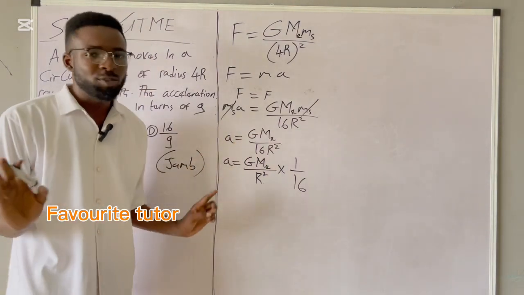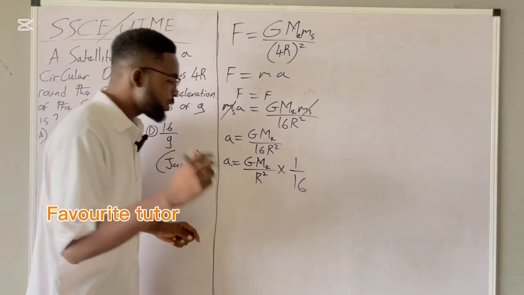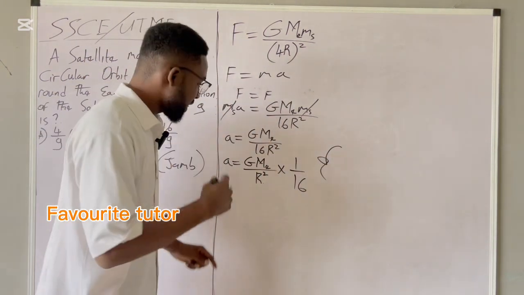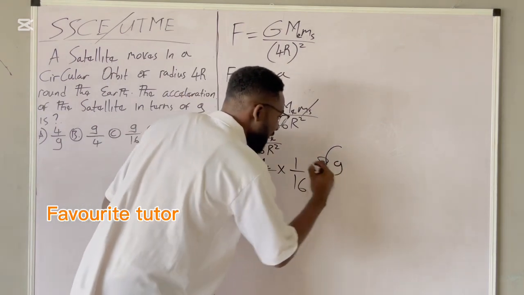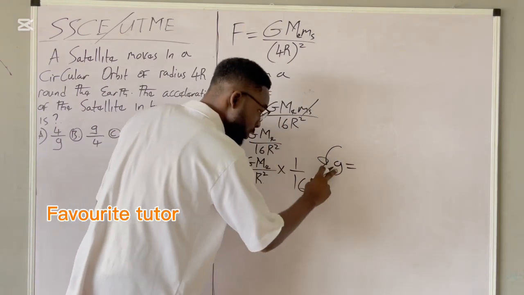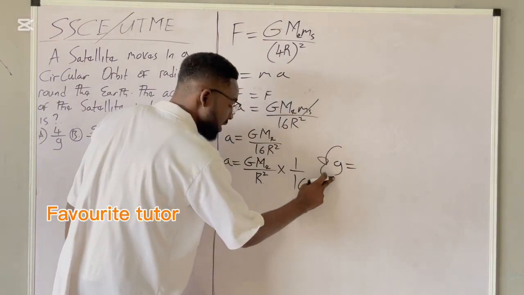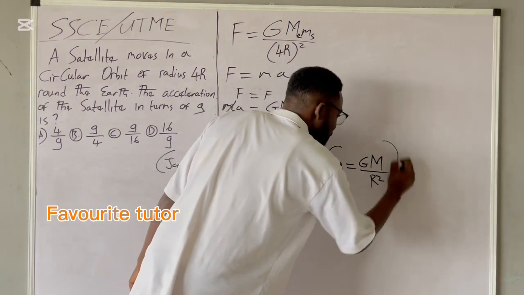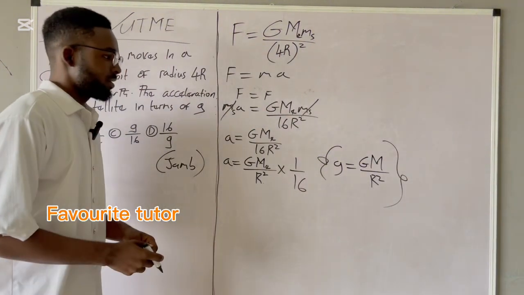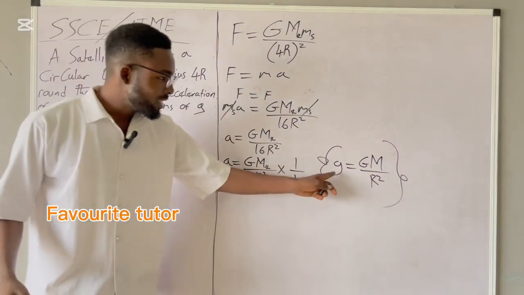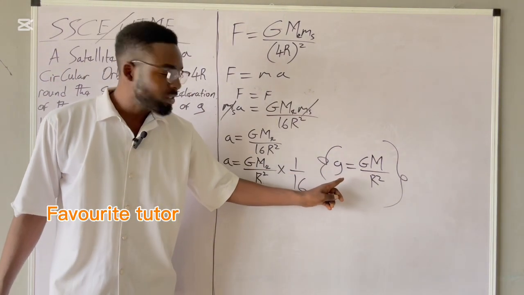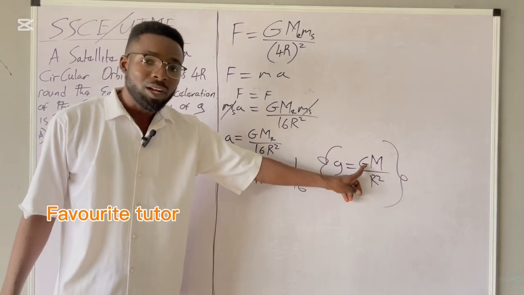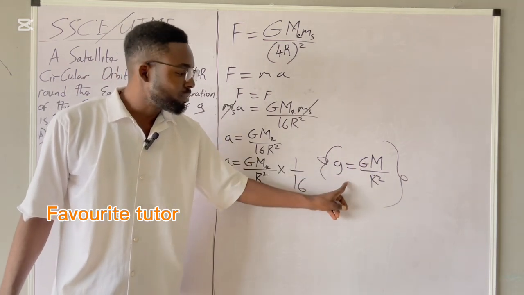They are the same, no changes. But you ought to know, for those of you on my YouTube channel, that acceleration due to gravity, which is g, is also equal to G M over r squared. That is the relationship between acceleration due to gravity and the universal gravitational constant.